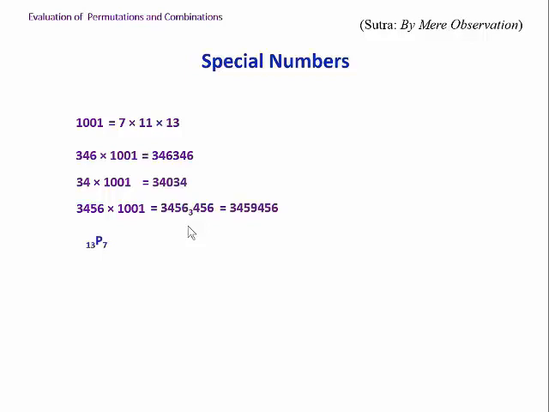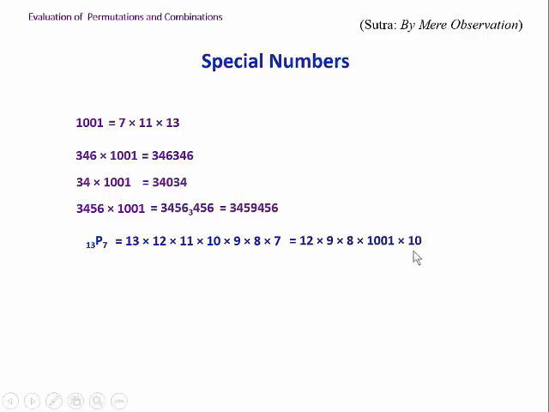Let's look again at the 13p7 that we had before, which was this sequence of numbers multiplied together. In fact, we've got 7, 11 and 13 in there, and so we can make use of this 1001 number. What's left after you've taken those 3 out is the 12, the 9, the 8 and the 10.